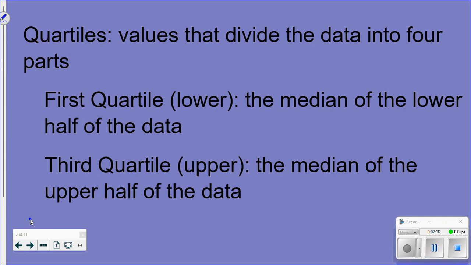The third quartile, which in the past used to be talked about as the upper quartile, is the median of the upper half of the data. Many times they will write it like Q1, meaning quartile 1, and Q3, quartile 3. So the first quartile is the median of the lower half, and the third quartile is the median of the upper half of data. And we're going to practice this.